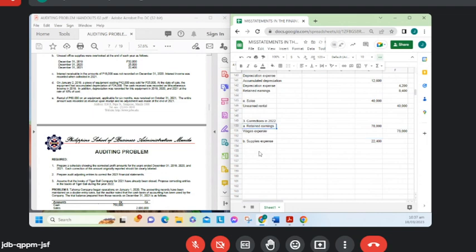And then retained earnings, 22,400. Okay. Letter C, no entry needed, since it's counterbalancing.